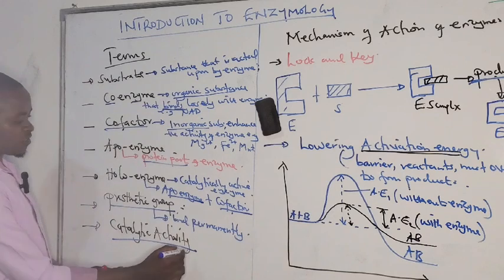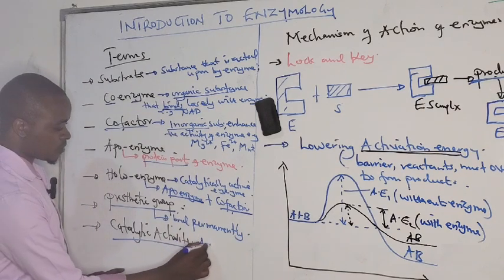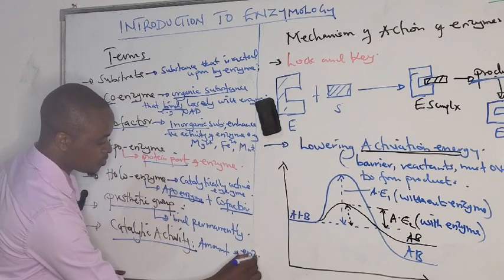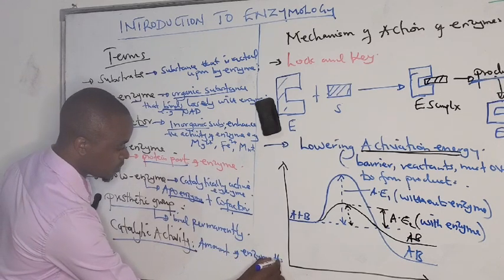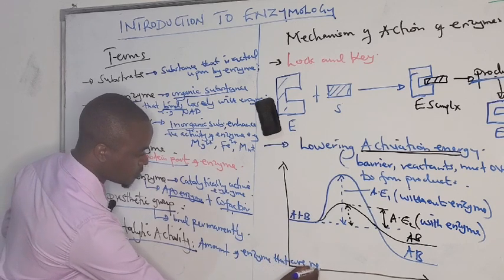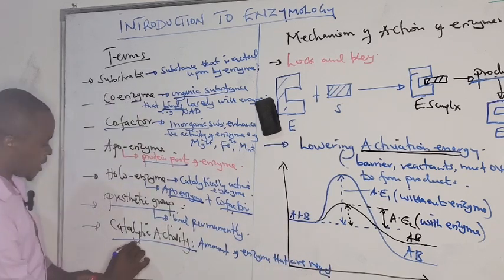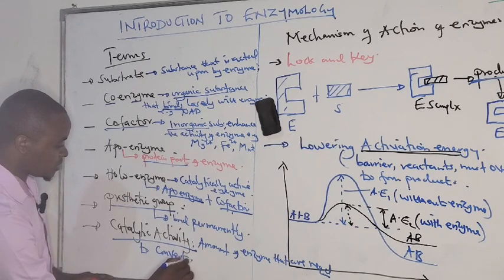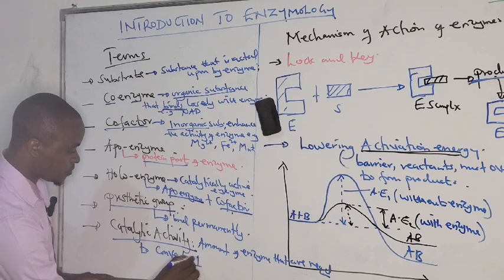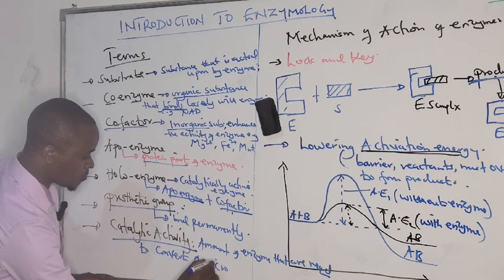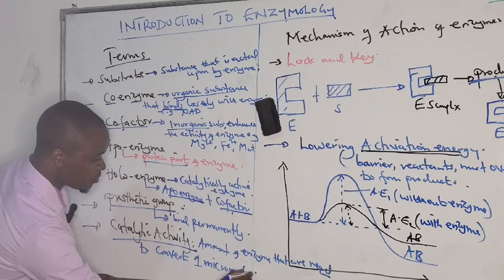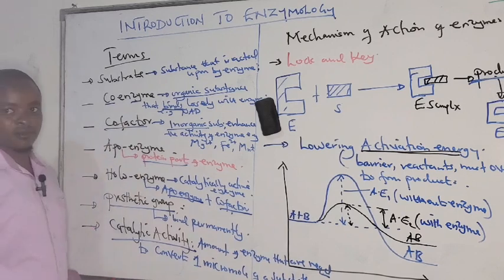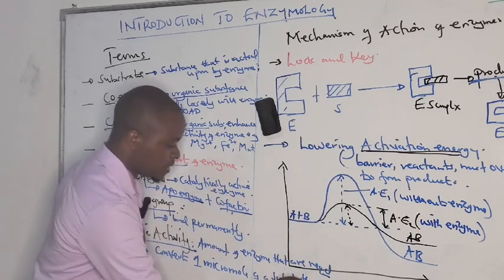So the catalytic activity of the enzyme is the amount of the enzyme that is required to convert 1 micromole of a substrate per minute.